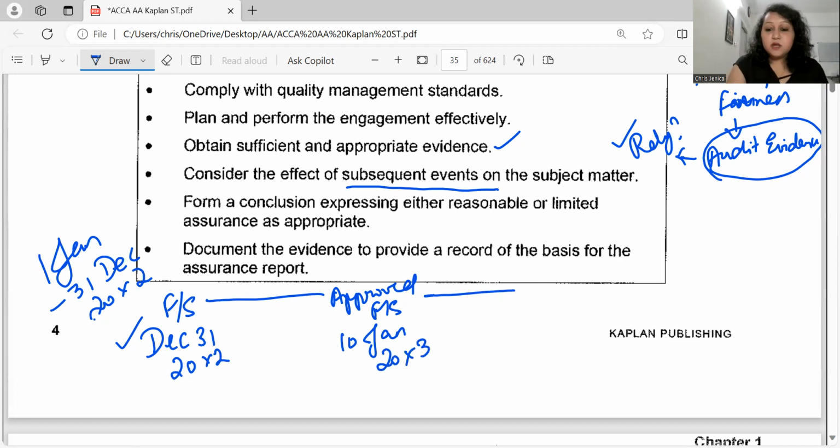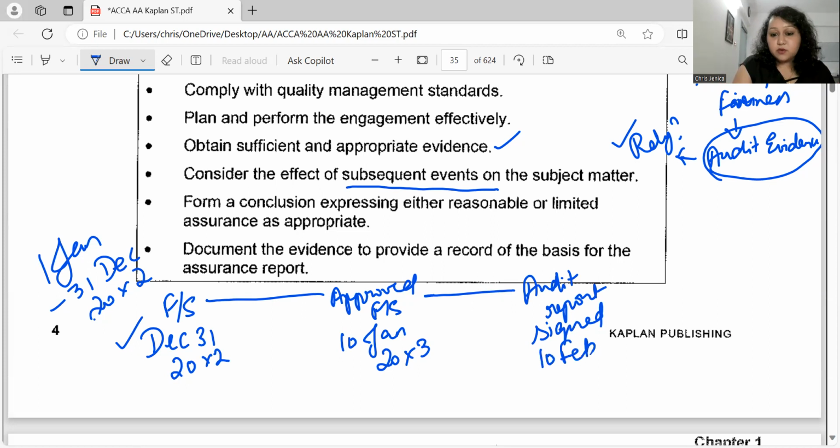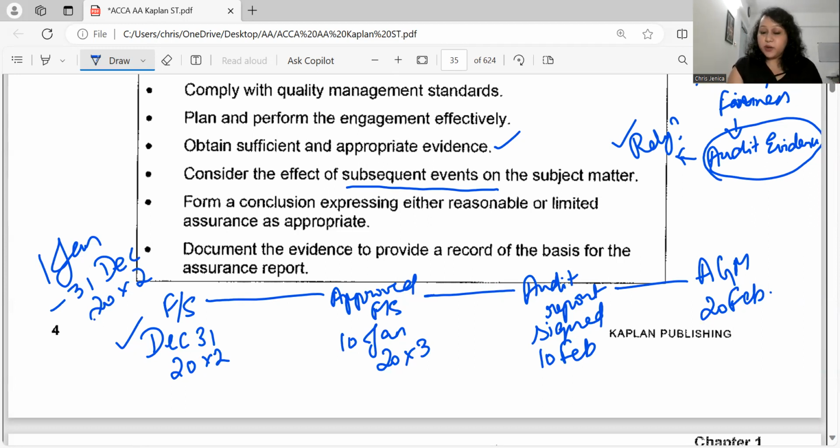Okay. Now, the audit is being carried out and the audit report is being signed on 10 Feb, for example. Okay. Then you have the annual general meeting on, say, 20th Feb. So the financial statements were prepared as of 31 December 2022.